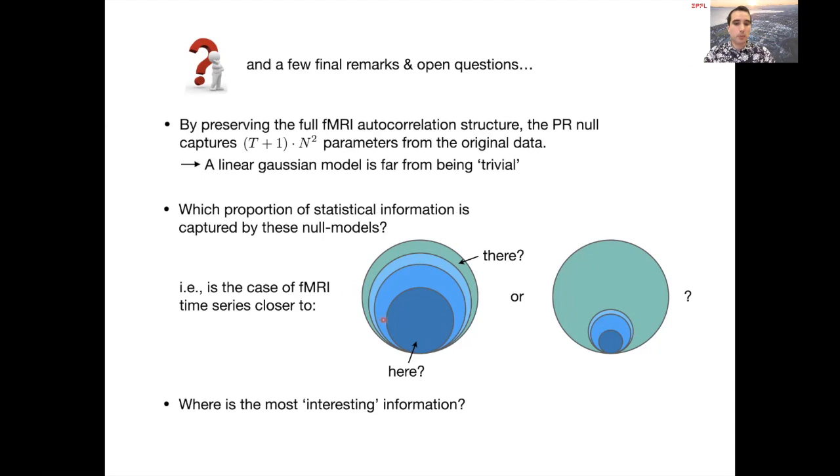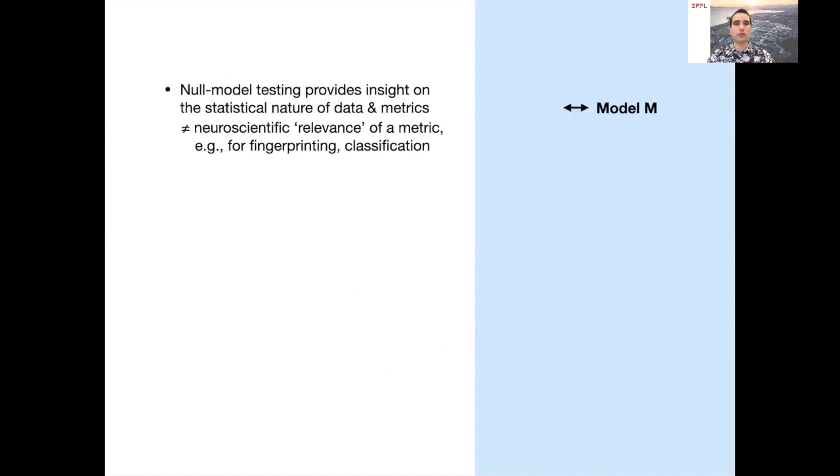I'm not sure. Maybe we should focus more on exploring the information that is contained in these next circles, so in the autocorrelation structure, for example, which was shown to capture quite a lot of the information contained in fMRI time series. But again, this is an open question and I have no definite answer for this.